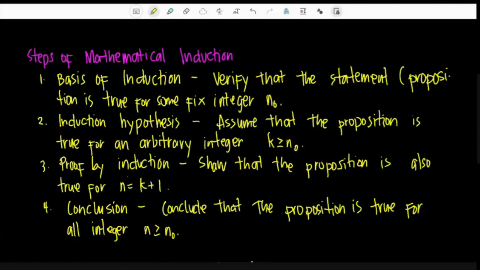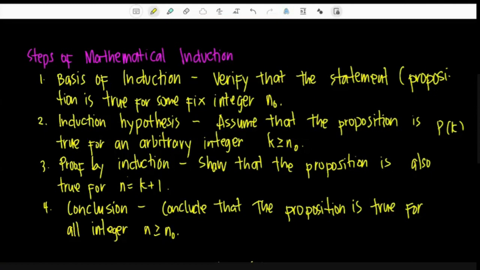You need to assume that the proposition is true for an arbitrary integer k greater than or equal to n sub 0. So this is an assumption. This is your P of k. So you assume that it is true for an integer k. So that's your inductive hypothesis.